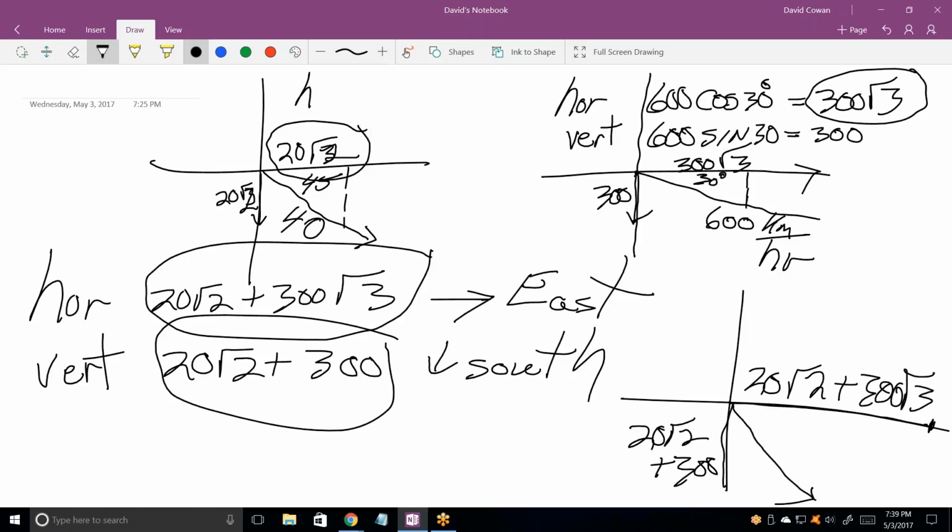You add them together. Well, you could use the Pythagorean theorem. Oh, right. It's a right triangle always, whenever you complete that triangle. So I need this angle.